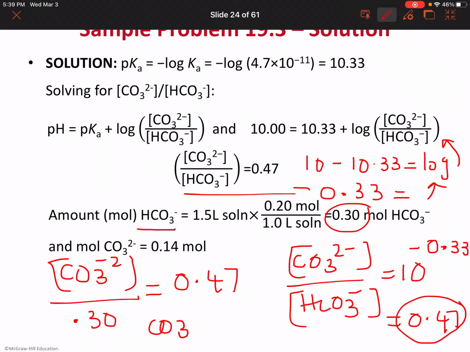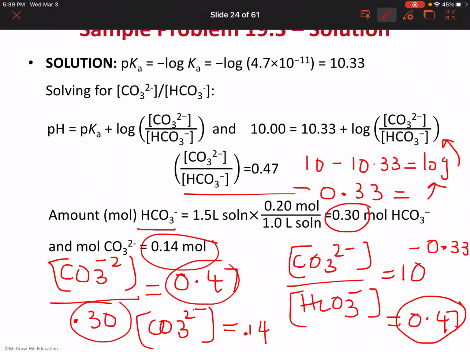So then the carbonate would be 0.47 times 0.3, which is 0.141. You multiply these two together, 0.14. So we found the number of moles of carbonate.